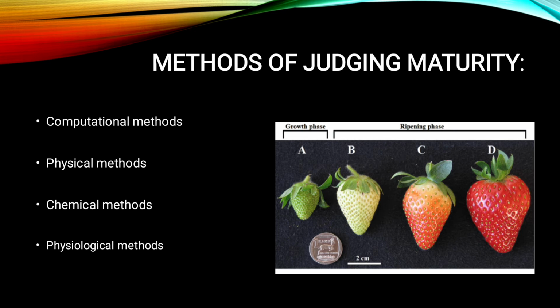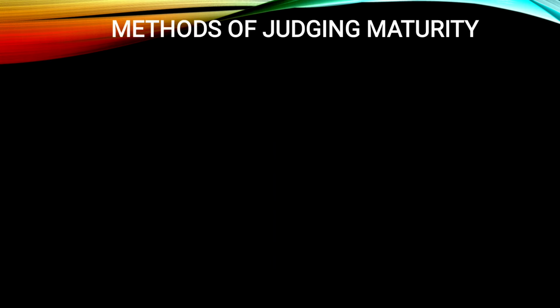The growth phase is from A to B, and from B to D is the ripening phase of the strawberry. The central one, C, is a fully developed and matured strawberry, and at last the red one is a ripened strawberry.